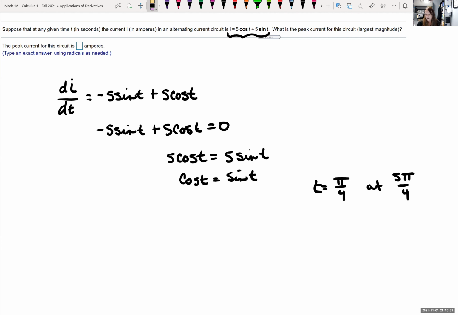Pi fourths plus pi gets me to 5 pi fourths, and 5 pi fourths plus another pi will get me up to pi fourths again. So we could write this as t equals pi fourths plus pi k, k equal to an integer.